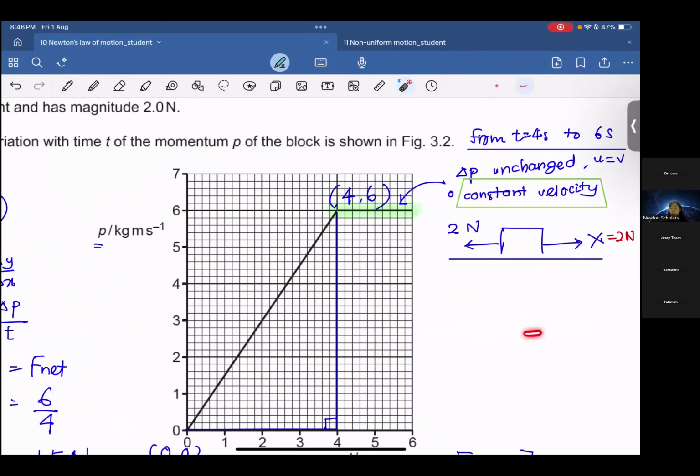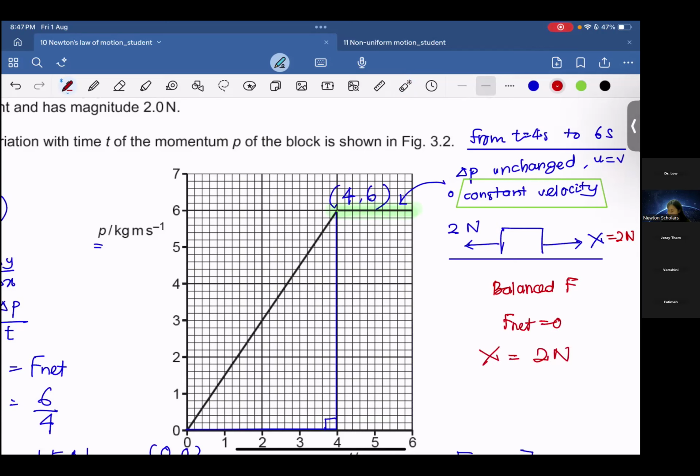That means the v and u are the same. They didn't change. If u and v are not changing, that means they are constant velocity. Constant velocity, this is balanced force, net force is 0. So your X should equal 2 Newton.